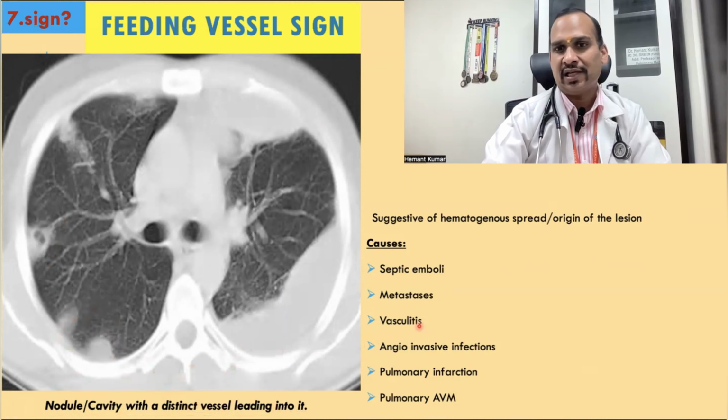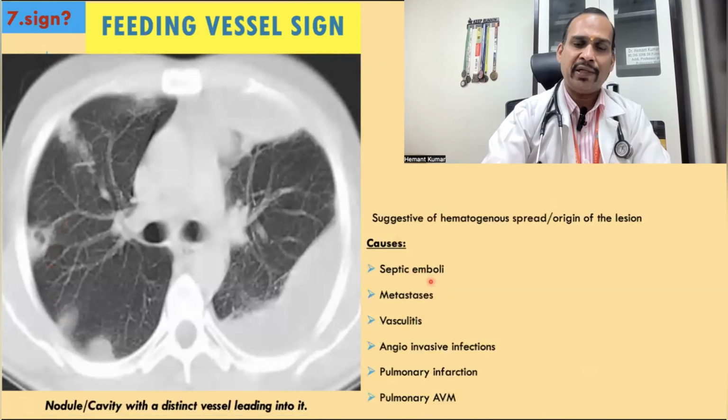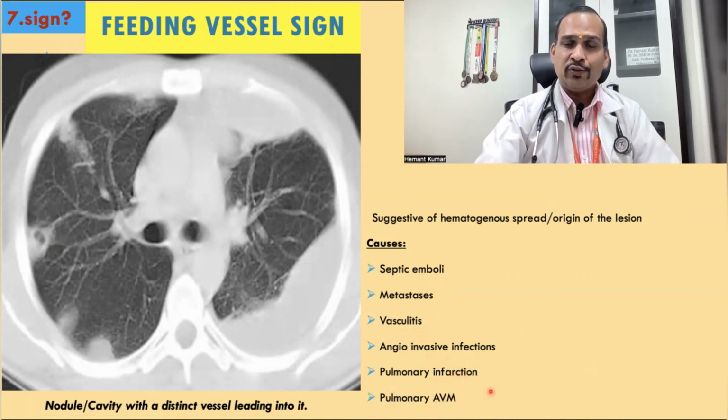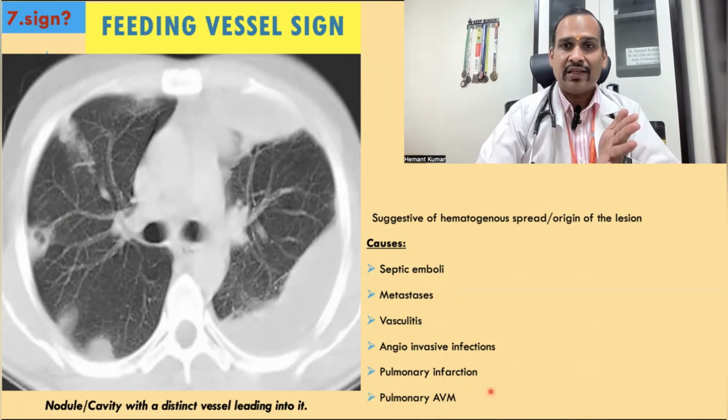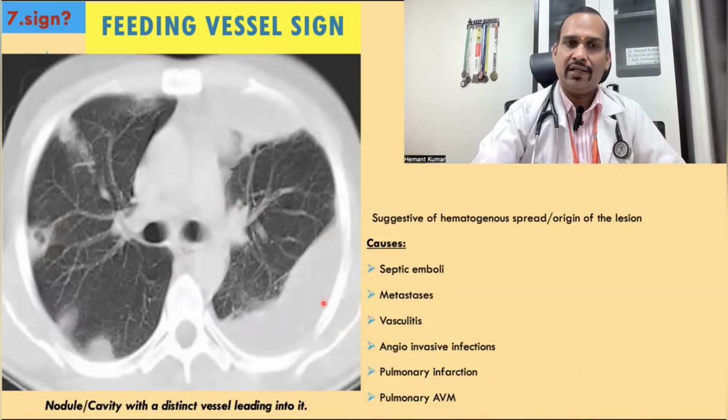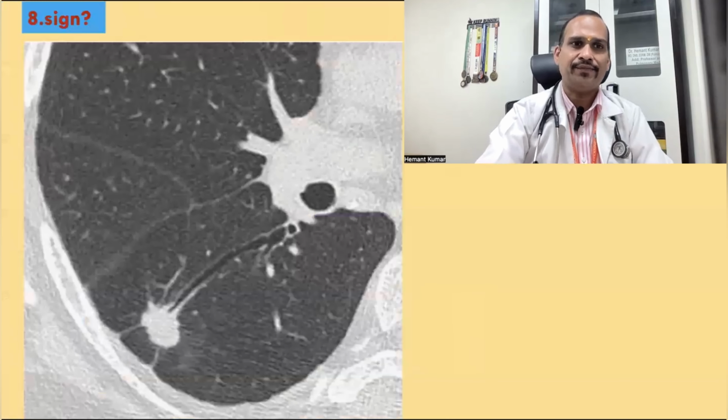It's suggestive of hematogenous spread or origin of the lesion. Causes: septic emboli, metastasis, vasculitis, angioinvasive infection, pulmonary infarction, pulmonary arteriovenous malformation. So whenever there is spread of disease by blood vessels, then this sign can be there.